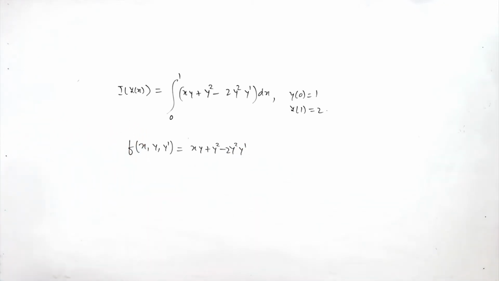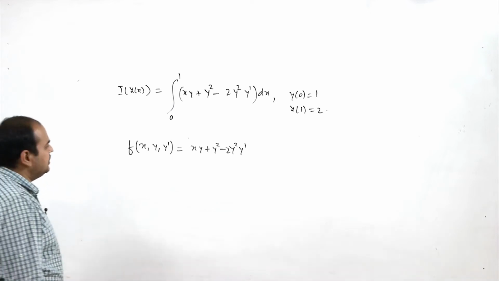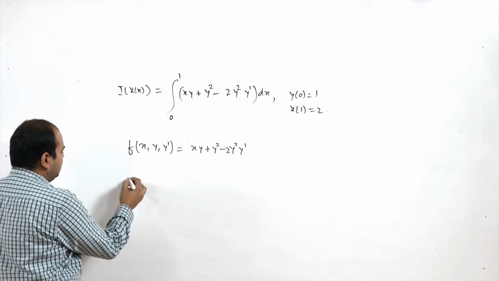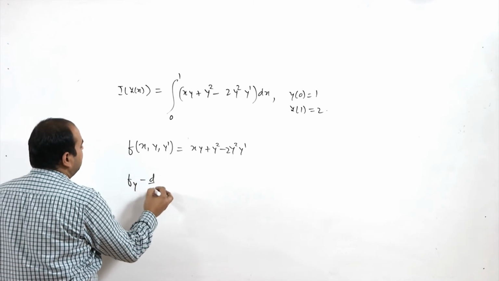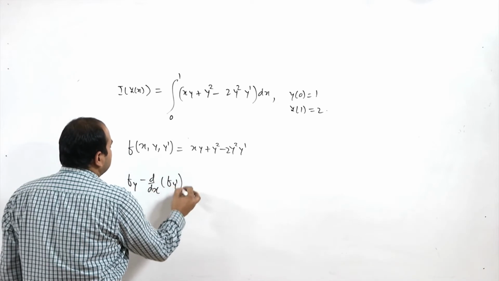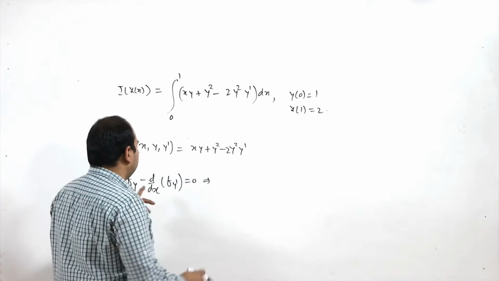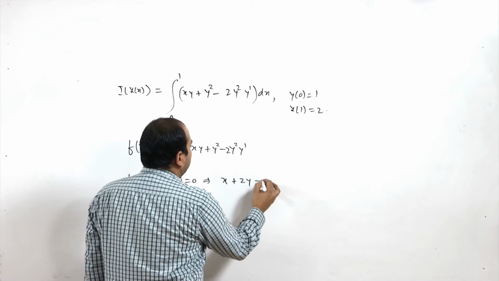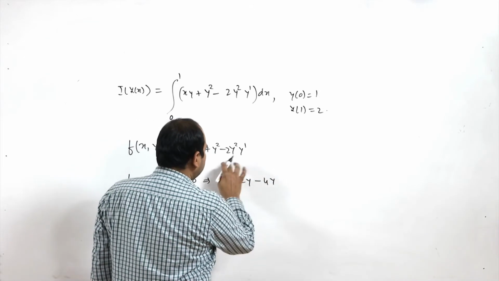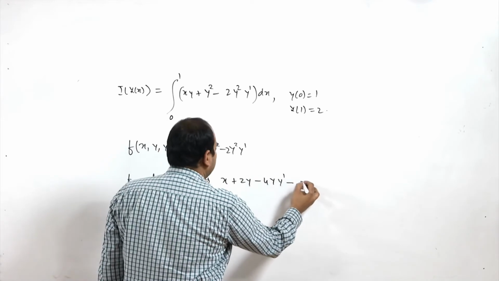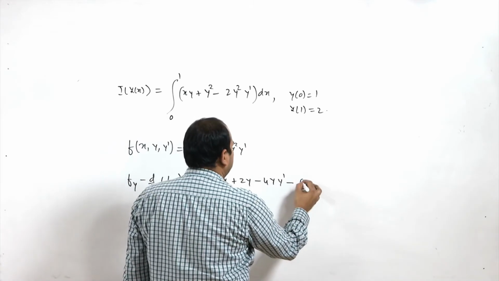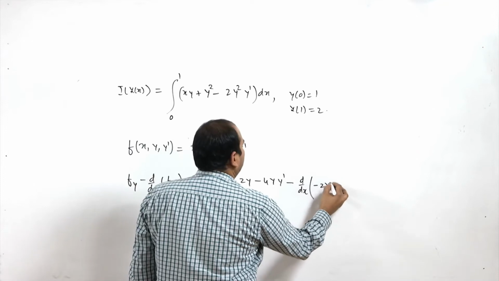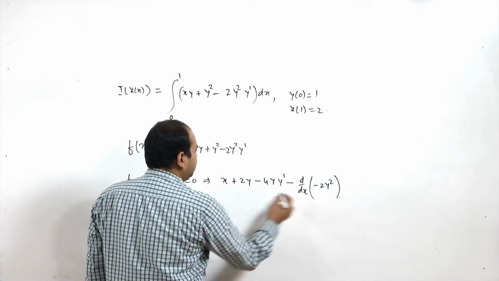To find the differential equation which an extremal function satisfies, we recall the Euler's equation, f of y minus d by dx f of y dash is equal to 0, which gives us, differentiating with respect to y, x plus 2y minus 4y y dash minus d by dx of f y dash. Now d by dx of f y dash will be minus 2y square differentiated, which is equal to 0.